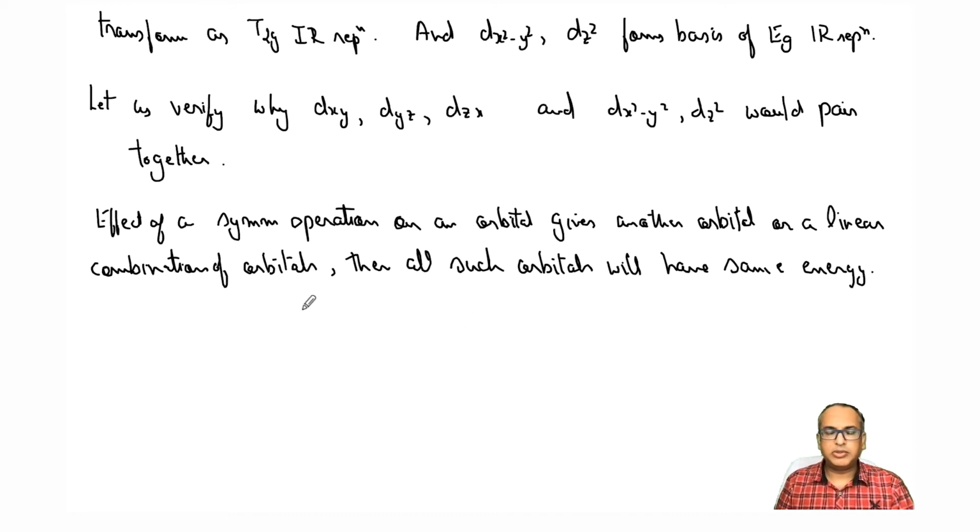And this comes out of the fact that the Hamiltonian commutes with the symmetry operation, right? So this basically tells you if you first do a symmetry operation and then measure energy, or if you first measure energy and then do the symmetry operation, it should be equal. That would mean that the effect of a symmetry operation does not change the energy of that particular orbital. And if you are getting those orbitals, so let's see that actually. Let us look at that example.